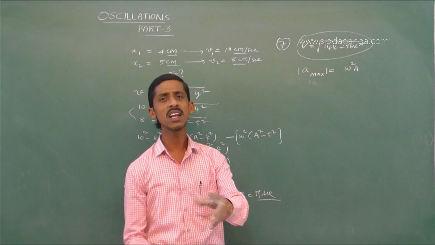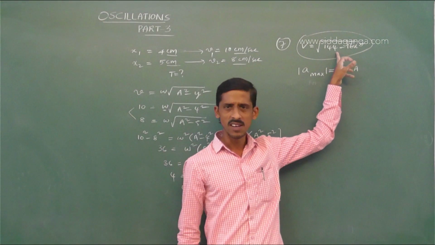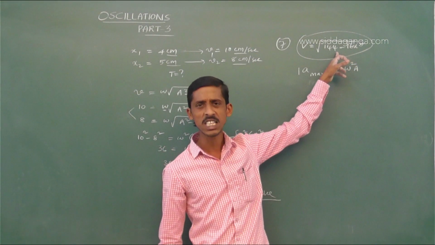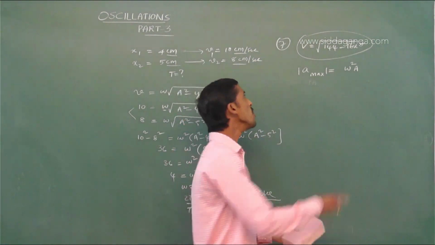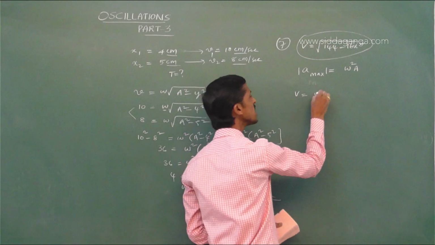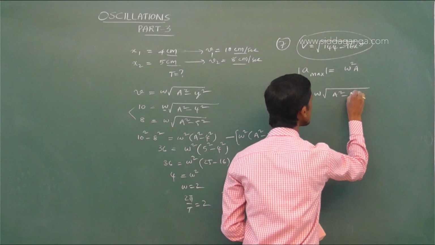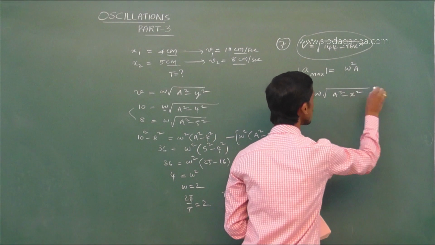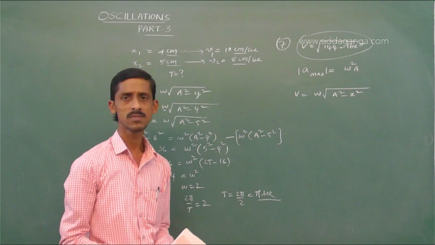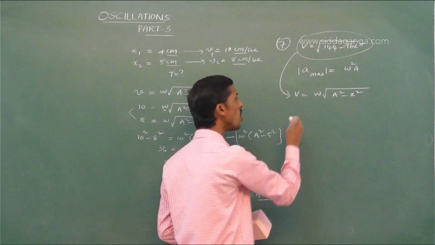You should identify the value of A and omega. Is this directly in the form of the velocity expression? No. The general velocity expression is omega into root of A square minus x square. We should convert this equation into this form.